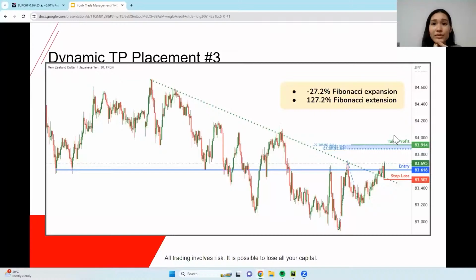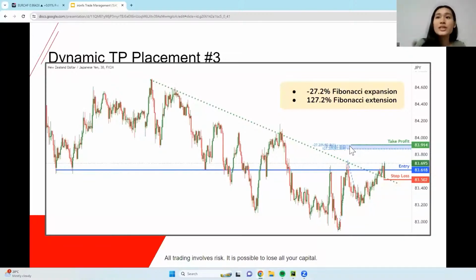You can see our take profit is in line with a 127.2% Fibonacci extension. I think it's also in line with a 78.6% Fibonacci projection.